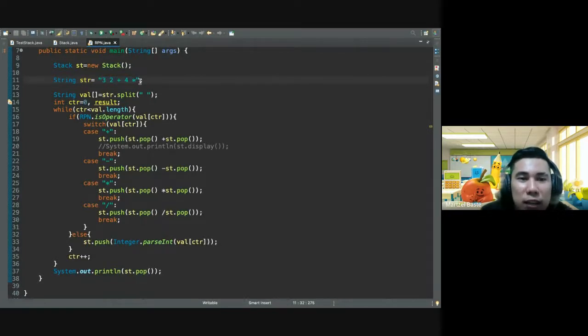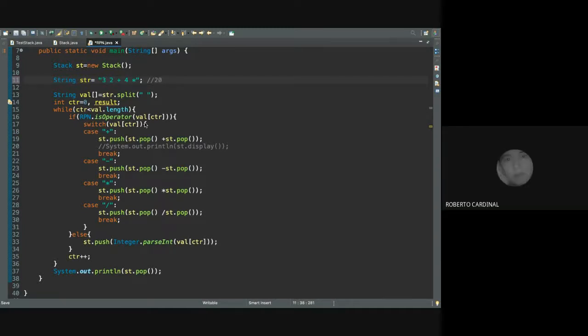So this is the postfix notation 3, 2 plus 4, which works as: 3 plus 2 is 5, then times 4. The result is 20, right?